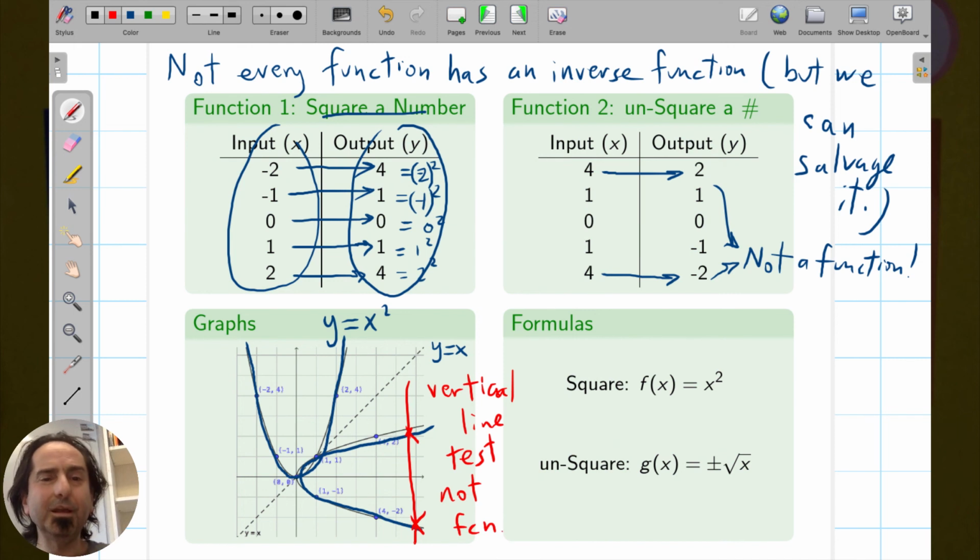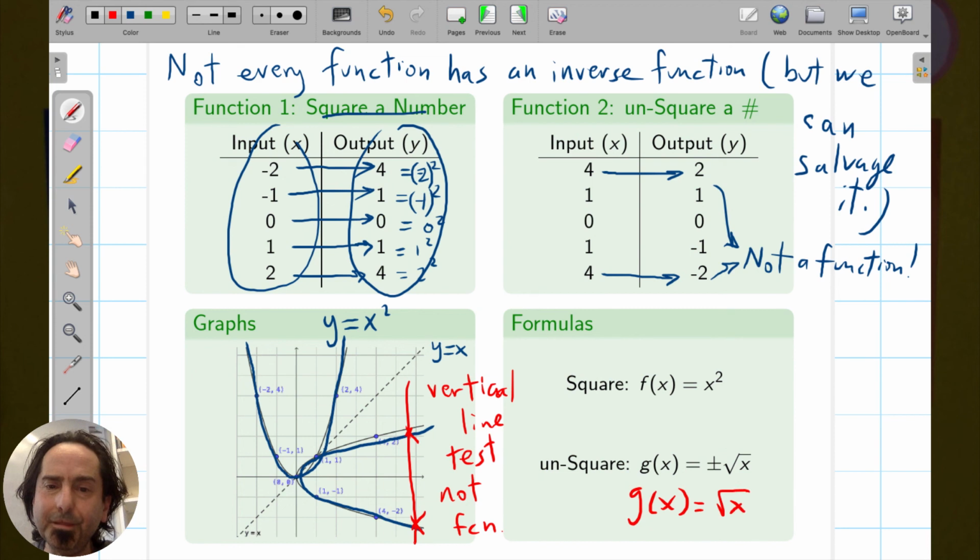It's not a function, but we do need a function. We do want to have a square root function. The unsquare is not a function. So if we just get rid of the plus minus and have a function, we could just take the positive part, well, 0 and the positive part.